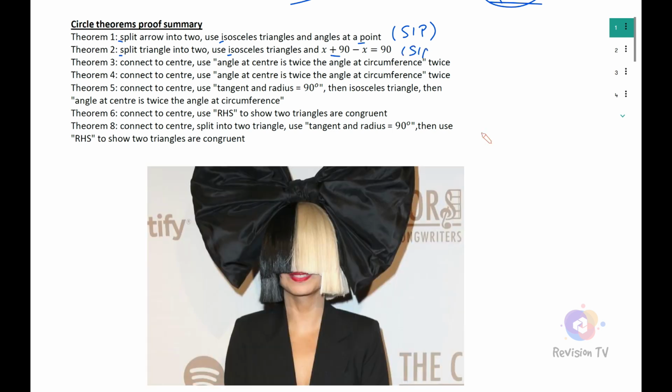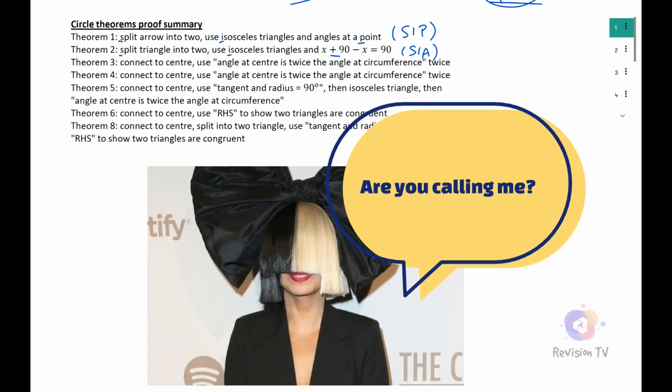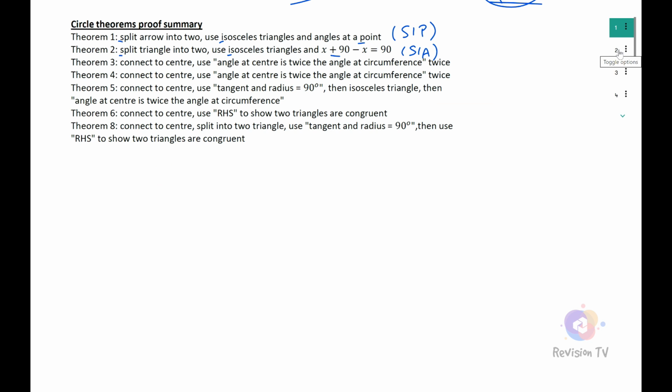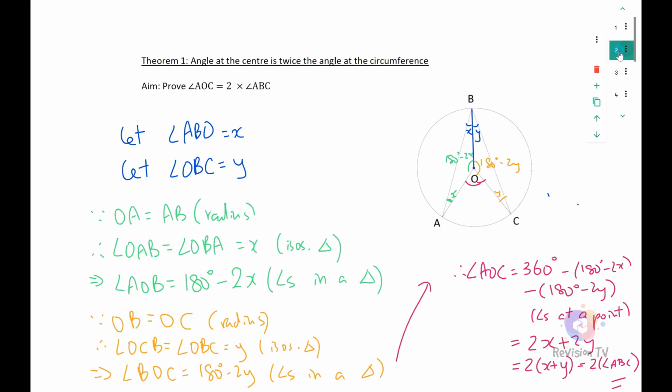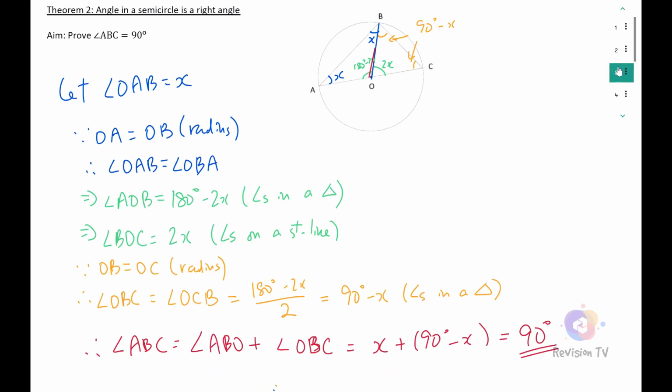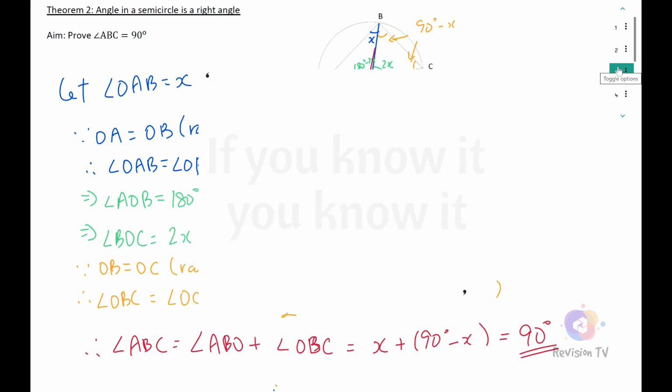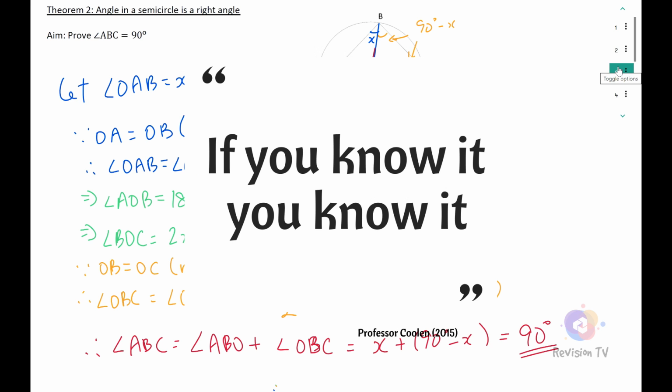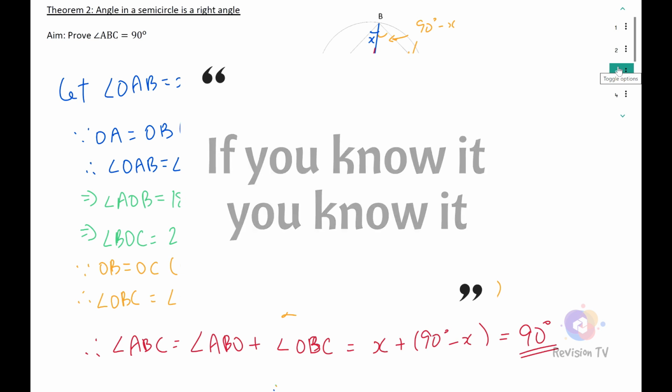SIA, perhaps. So what's the quote, the words of wisdom for this theorem? Well, Professor Cullen said, if you know it, you know it. That's it. Small words, but big meaning.